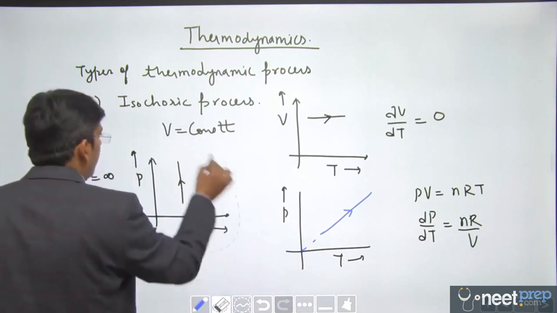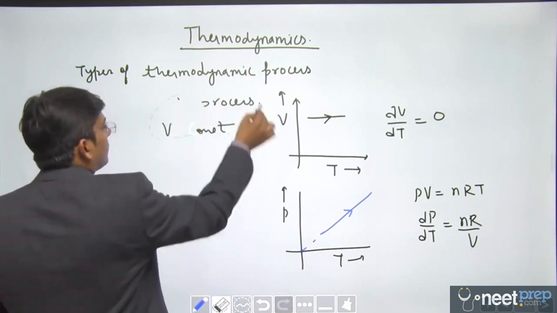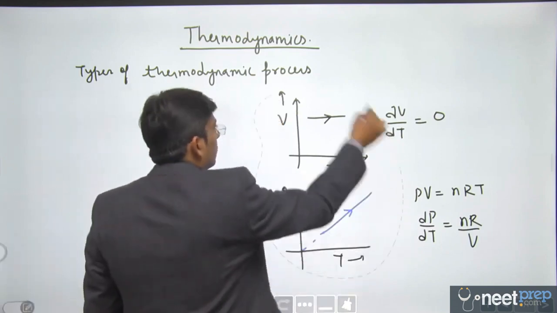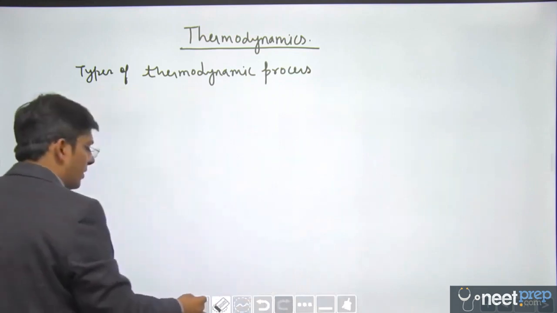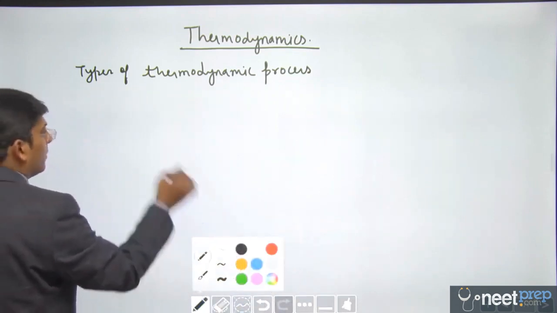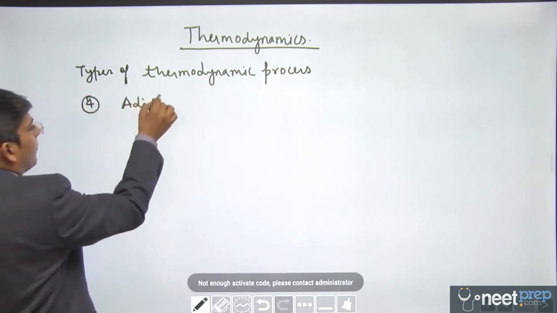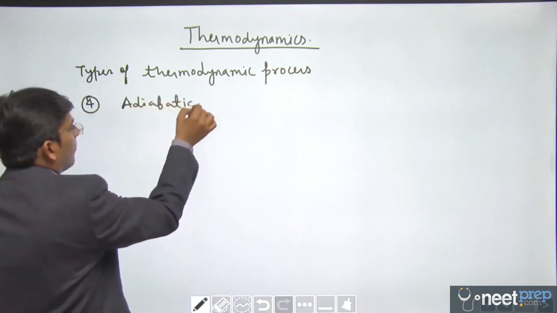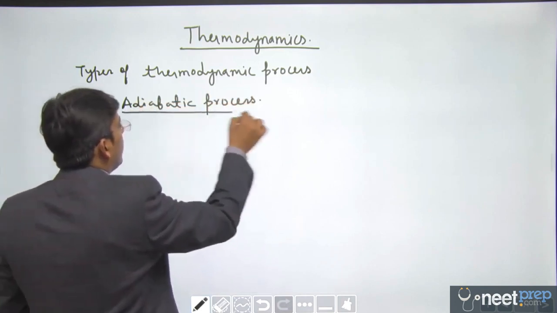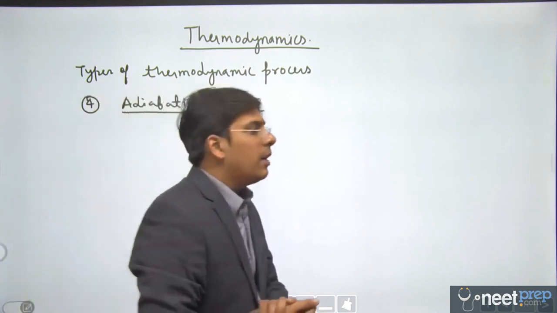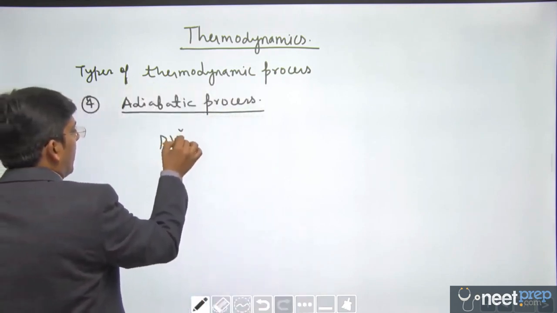The next process, dear students, is the adiabatic process. For an adiabatic process we have PV raised to the power gamma being constant.